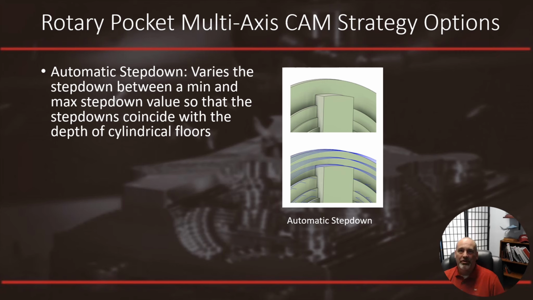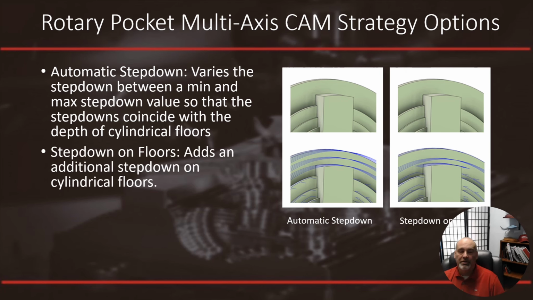It requires you to enter a minimum step down, and as shown on the right, we have the automatic step down. We have an image above of the part without toolpath, and then with the toolpath applied below, and you can see it has 3 passes, and one of them coincides with a floor, so it evenly broke the space up in between them.